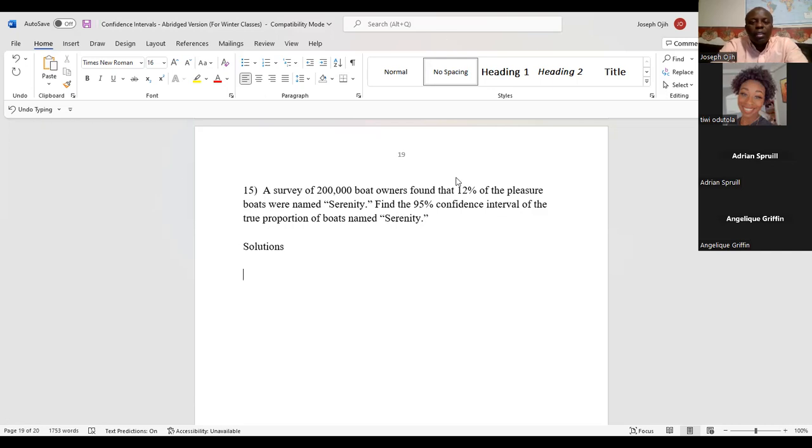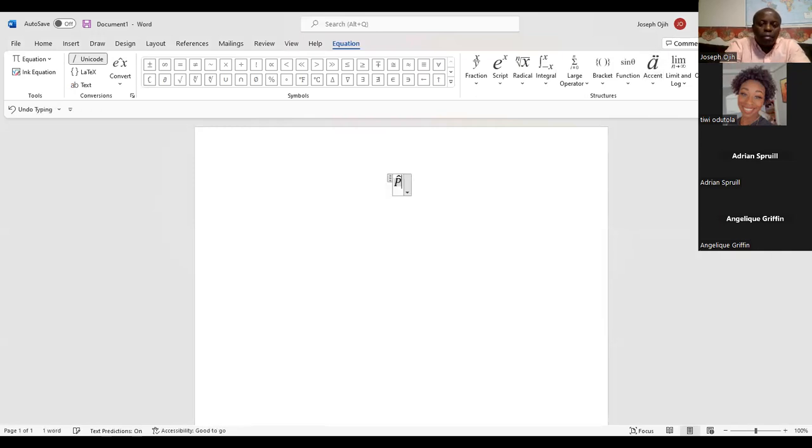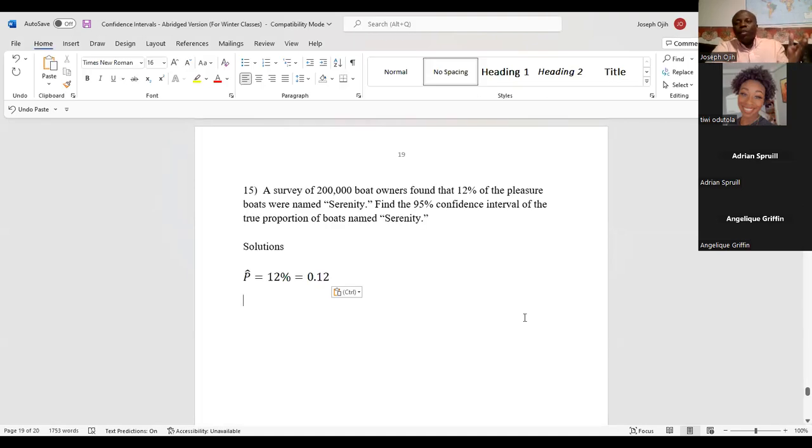So to get the P hat, it says 12%. P hat equals 12%, which is 0.12. So I'm going to copy it and paste it in our main workbook. Unlike the other one where we start with P hat equals X over N, this one we don't have to do that.